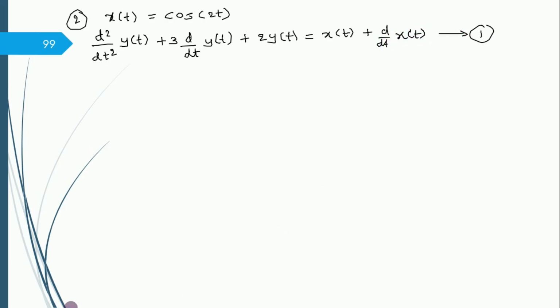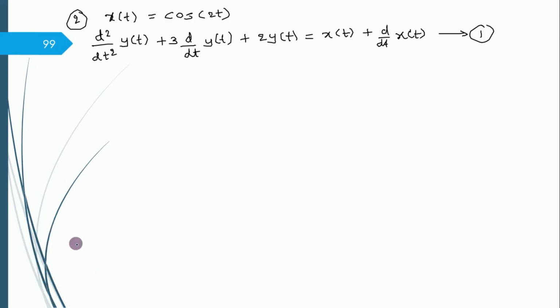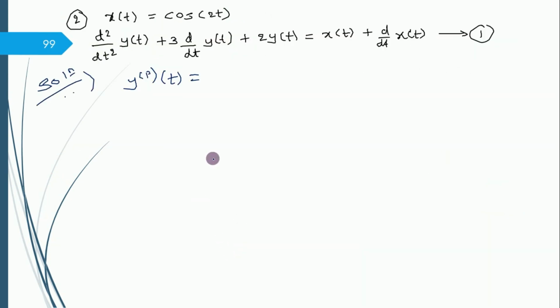Before I go for the solution, I need to decide the form of the particular solution. The form of the particular solution yp of t, by referring to the table, your input is of the form cos of 2t. The form is c1 cos omega t plus c2 sine omega t.